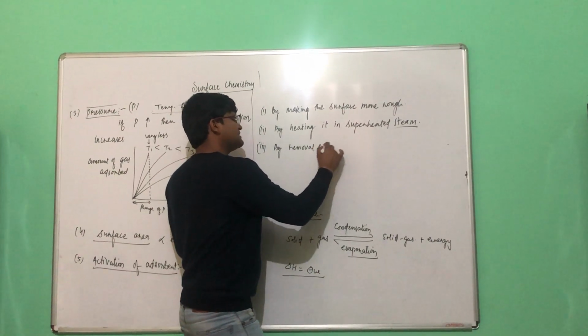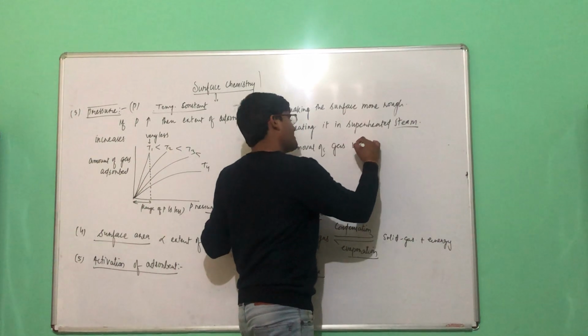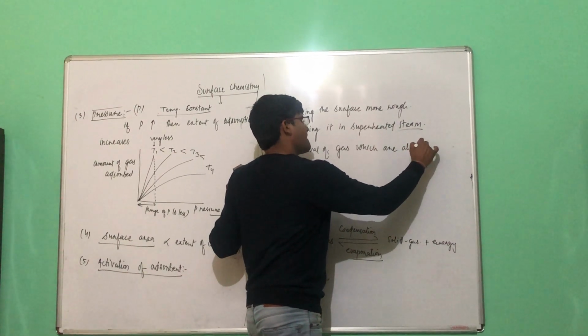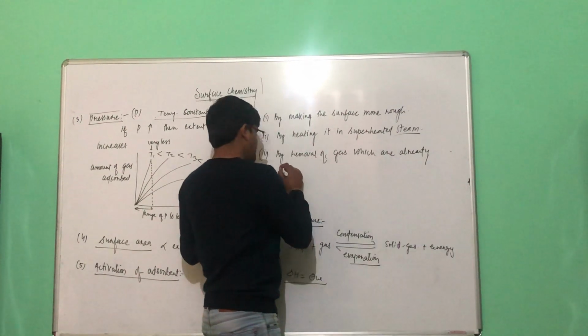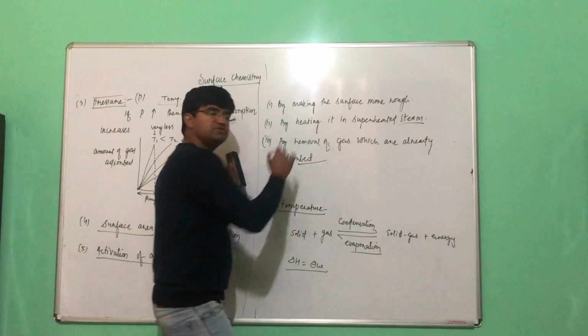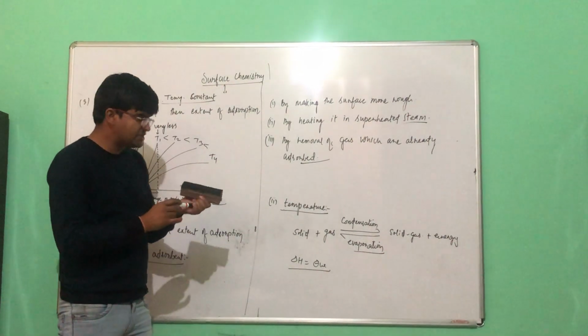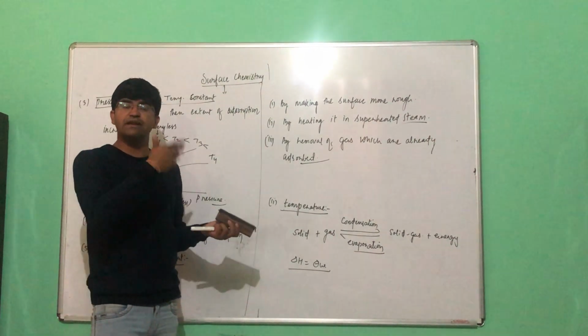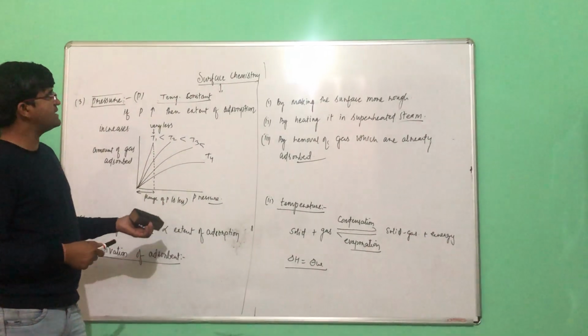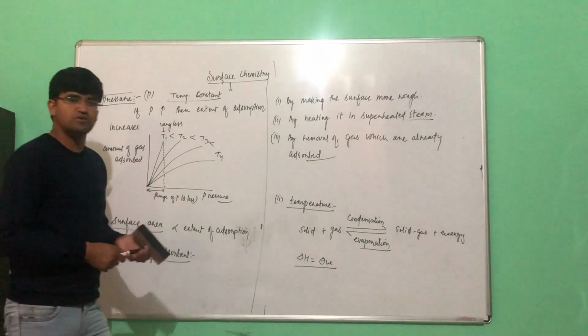Also by removal of gases which are already adsorbed: gases already adsorbed on the surface can be removed, and then the extent of adsorption will also increase. So thank you.